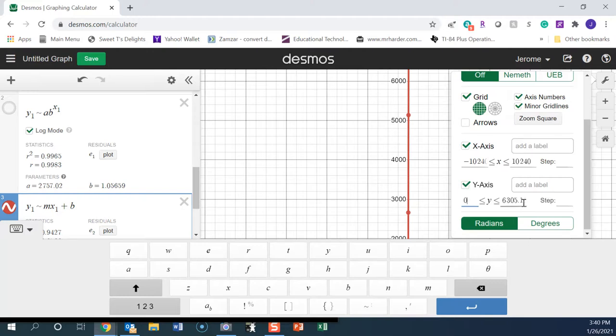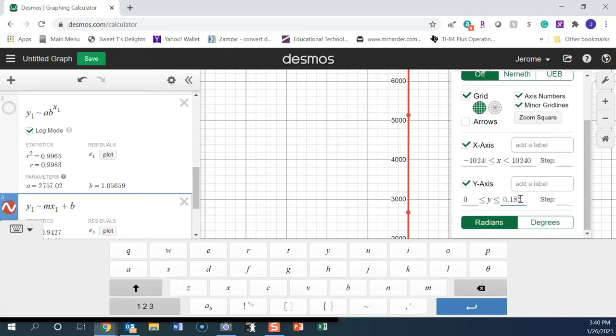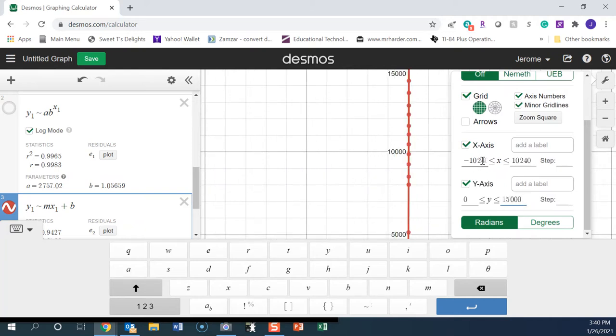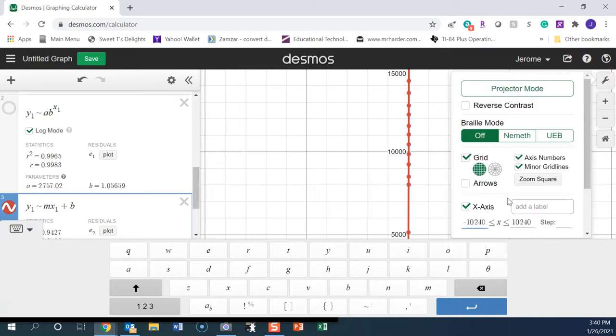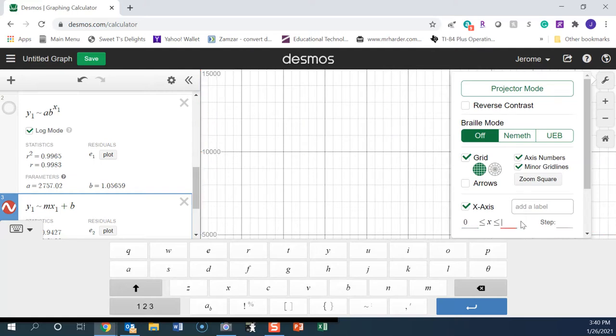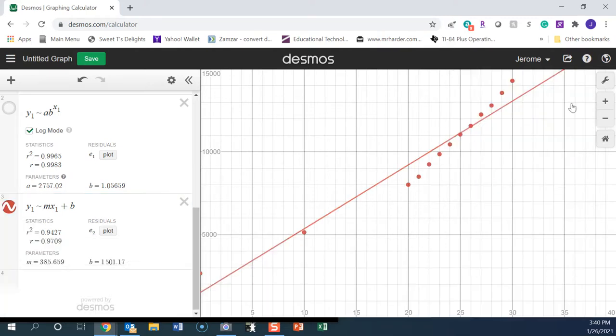So the y-axis is supposed to go up to 14,000. Oh, this keeps jumping a little bit. All right. So let's see if we go from 0 to, let's say, 15,000. All right. Now the x-axis, we can go from 0, let's see, to 40. All right. Yeah, that looks a lot better.